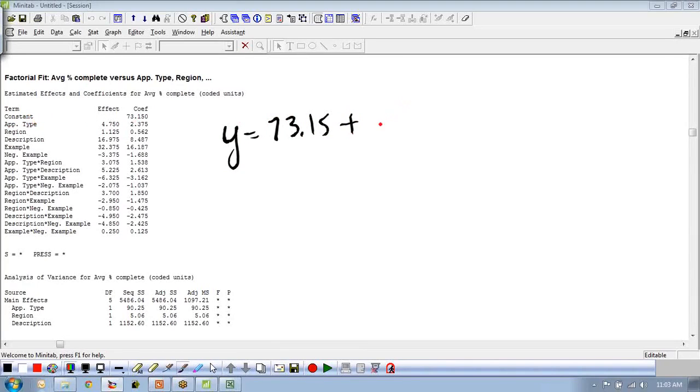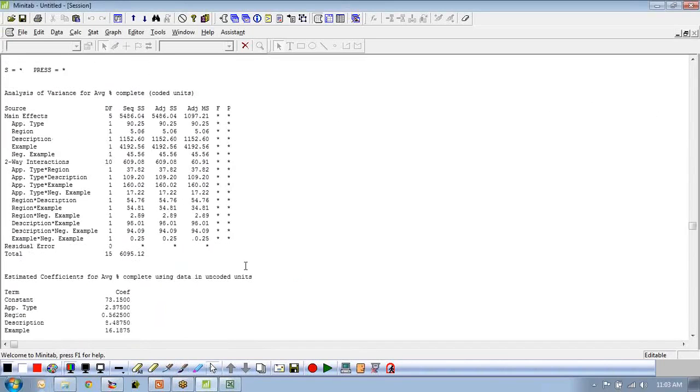I'm going to call app type A, so 2.375A, plus one for B. I'm not going to write out this whole thing because it would take forever. B plus something times C plus something times D. But it also built terms for interactions.